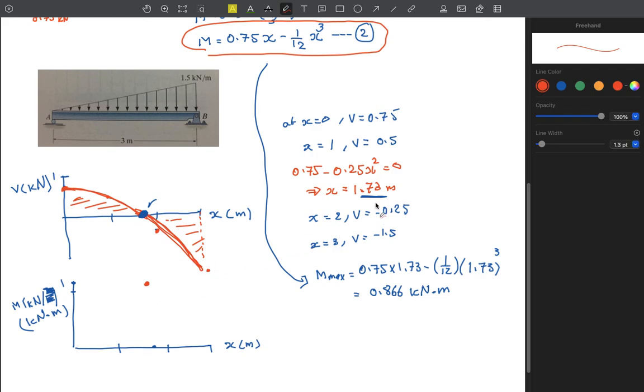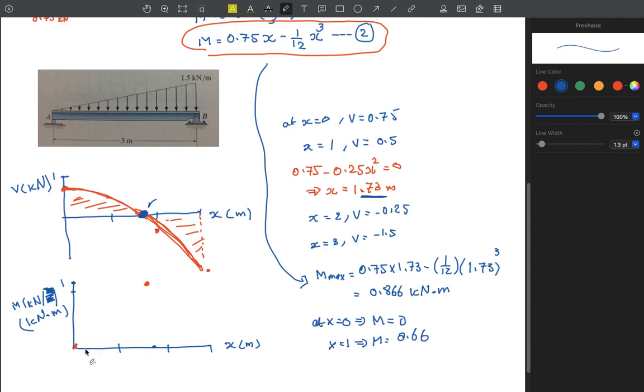Okay, now let's try to plug other values. At x equals 0, you'll get m of 0. What about x equals 1? So now m would be 0.66, yes.